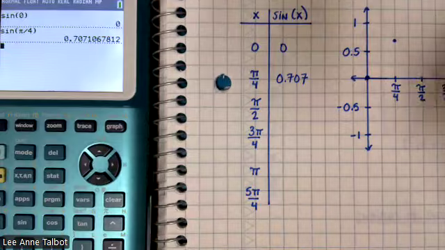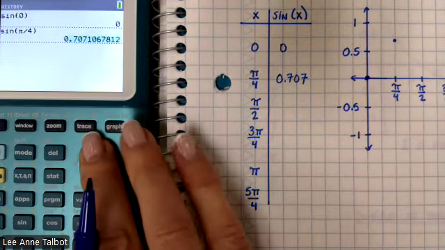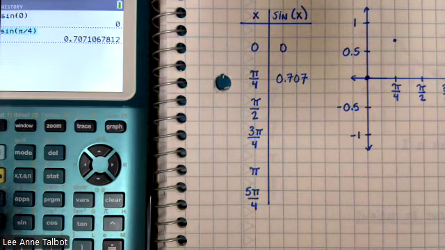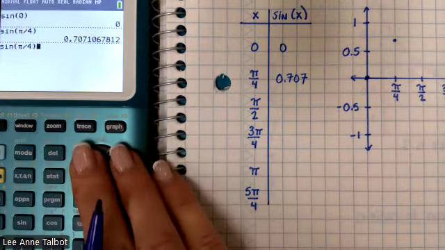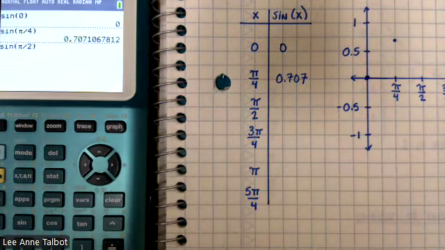Okay, keep going. Oh, and by the way, I'm really a lazy human being, so I'll scroll up and hit enter and then change that to a 2.